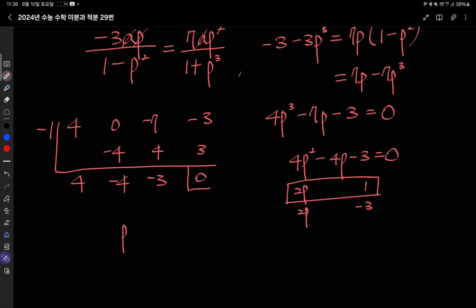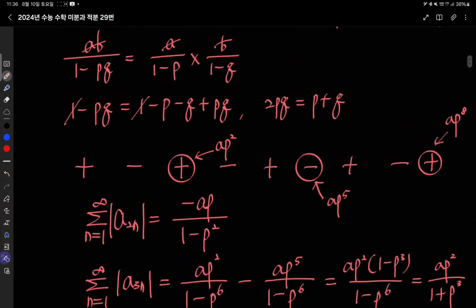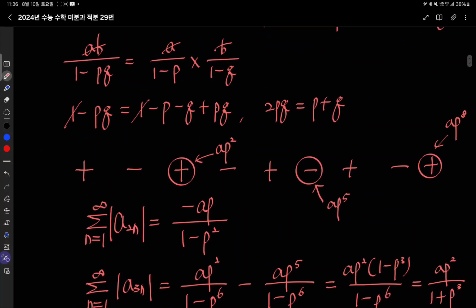So the value of P is negative 1 over 2. And in such case, from the first equation, if P is negative 1 over 2, minus Q is equal to negative 1/2 plus Q. So that means the value of Q is 1/4. That's for the ratio of the sequence B.